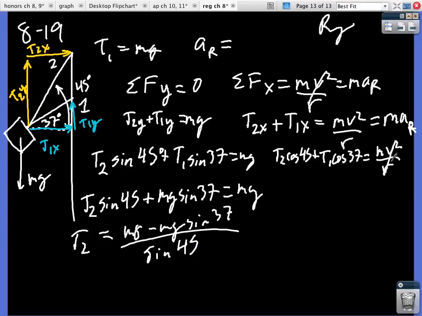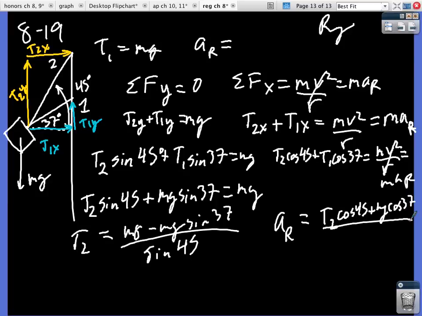So then over here, we know this is m a sub r. So a sub r is going to equal t2 cos 45 plus mg cos 37 over m. Oh, okay. I don't know mass, it's just mg.